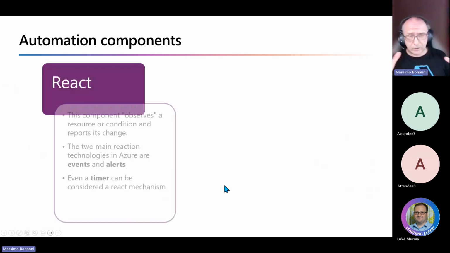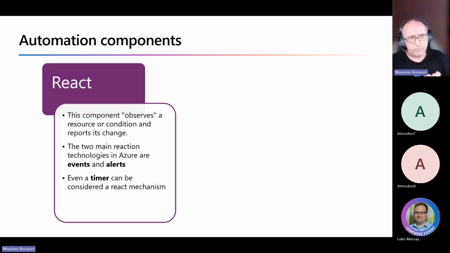We talk about two different components when you talk about automation. First of all, you need to observe a resource. You need to understand that you need to do something. In Azure, you have basically two main technologies. The first is events. We talked about events last time, and we talked about Event Grid. Event Grid is a routing of events. Today we talk about alerts. Alerts are related to monitoring.